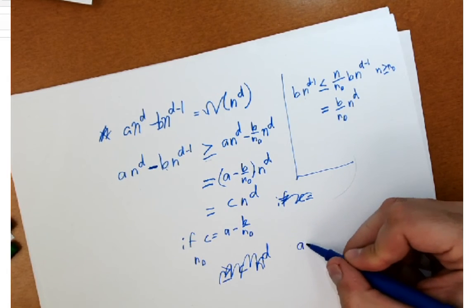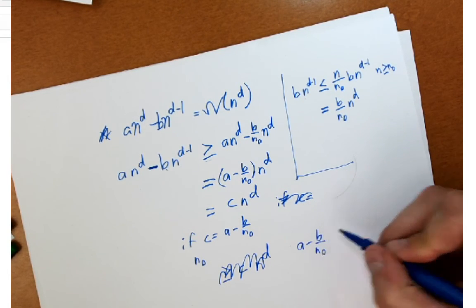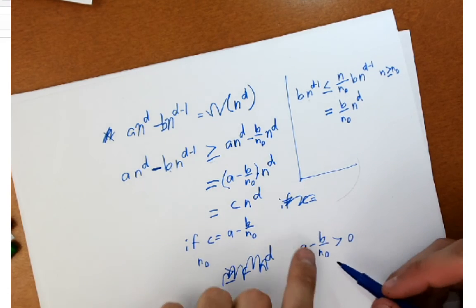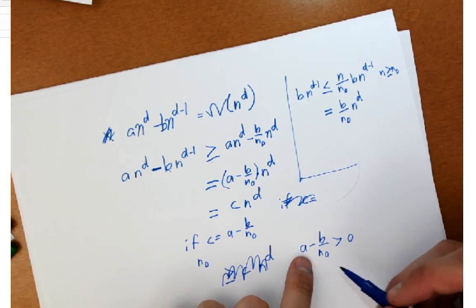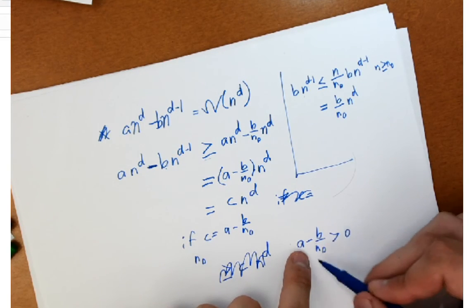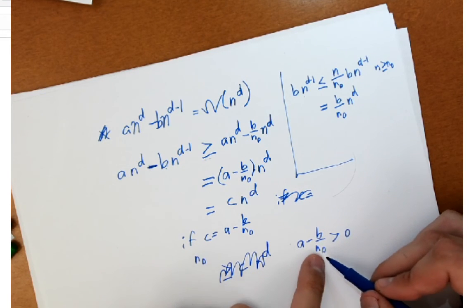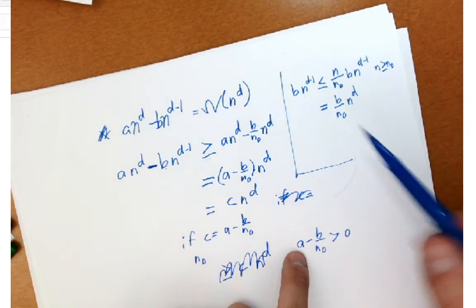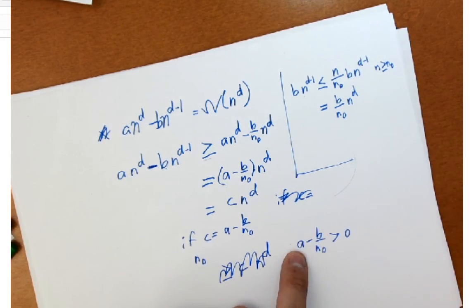So a minus b over n naught must be greater than 0. So you can do whatever algebra you want to. Remember, n naught is positive, and I'm assuming that a was positive here too.